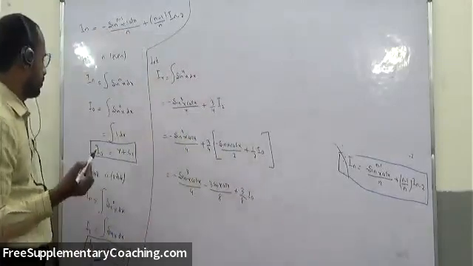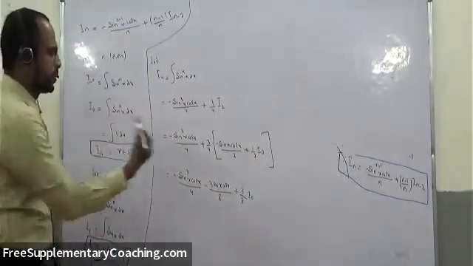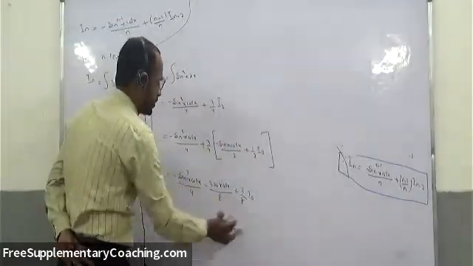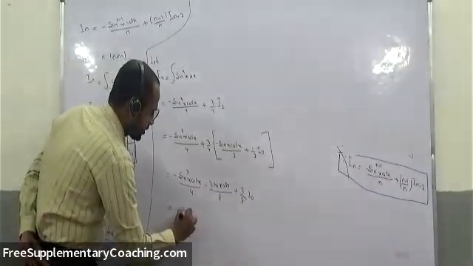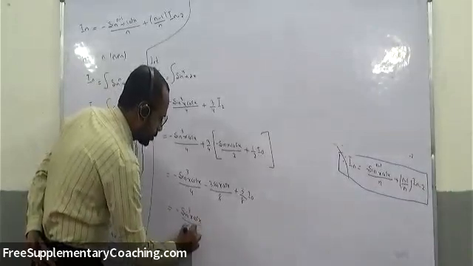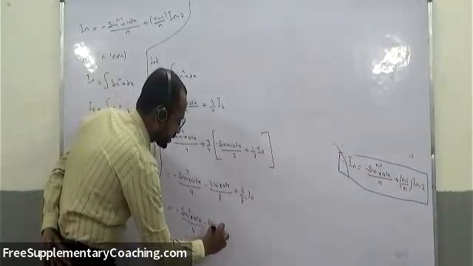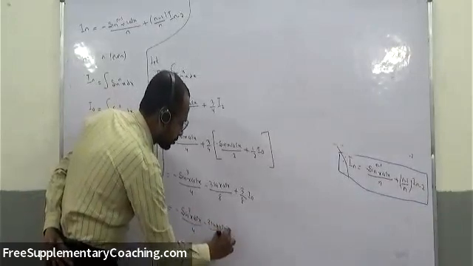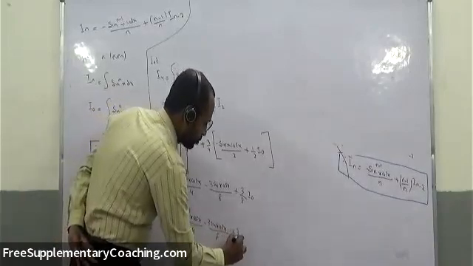Already we know what is the value of I naught. Okay. So just substitute that value in this particular form. So what we are getting? Minus sine cube x into cos x by 4 minus 3 sin x cos x by 8 plus 3 by 8.